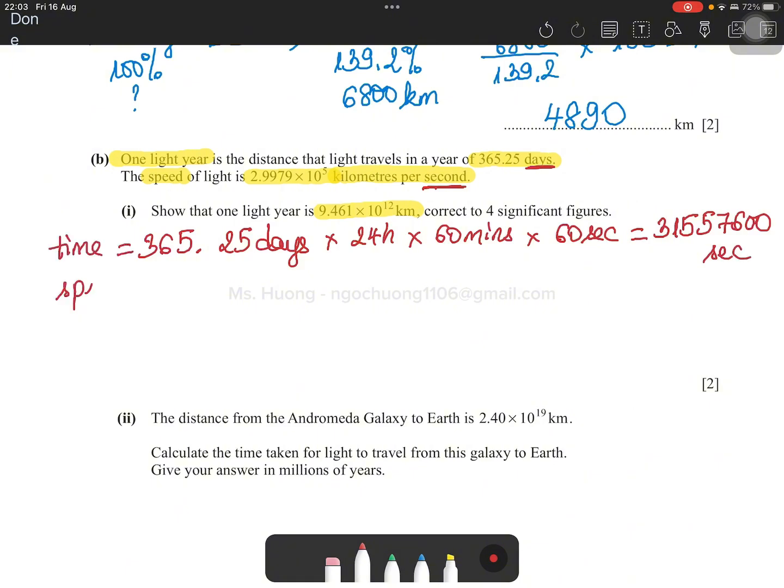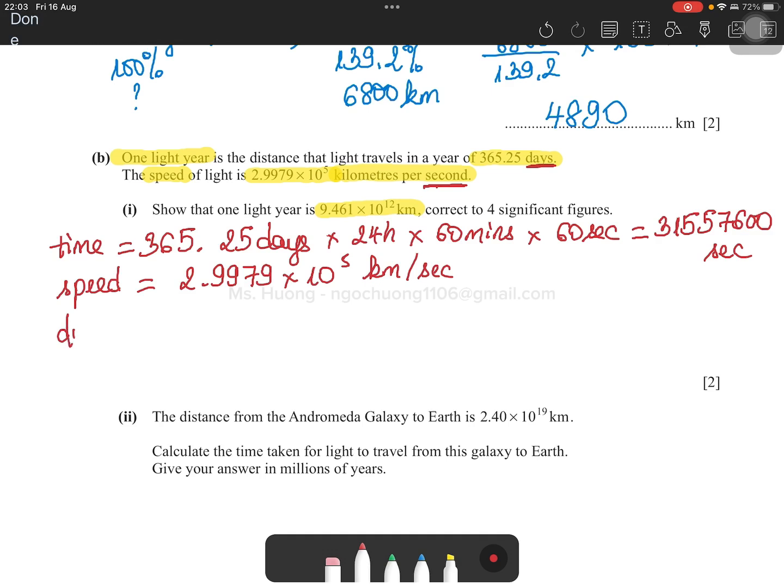And we know that the speed is 2.9979 times 10 to the power of 5 kilometers per second. So to find the distance, according to the DST triangle, the distance is equal to speed multiplied by time.